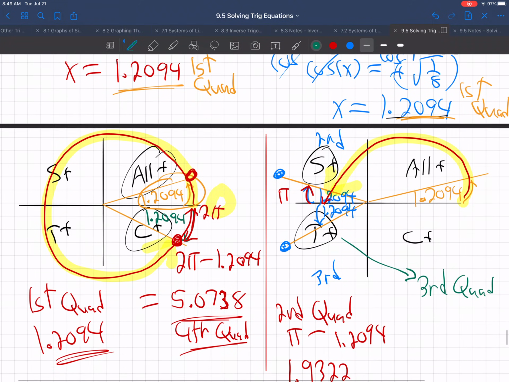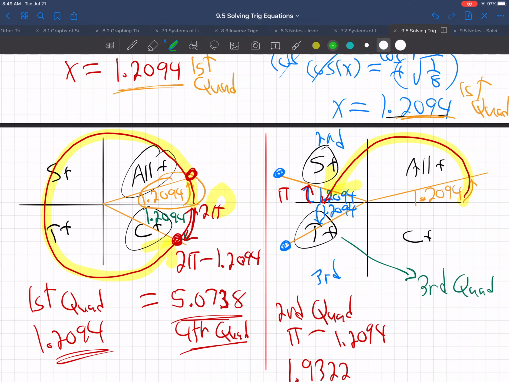And then the third quadrant answer, over here. How are we going to get to the third quadrant answer? Well, that one's going to be from 0 all the way to there. So how do you figure that out? Well, that's going to be all the way to pi again, and then add, right? It's beyond pi. It's pi plus instead of pi minus.